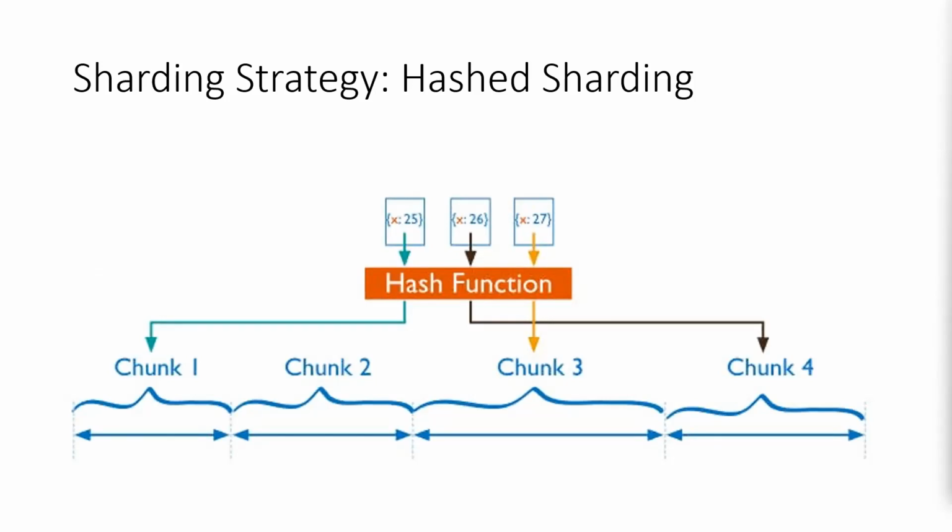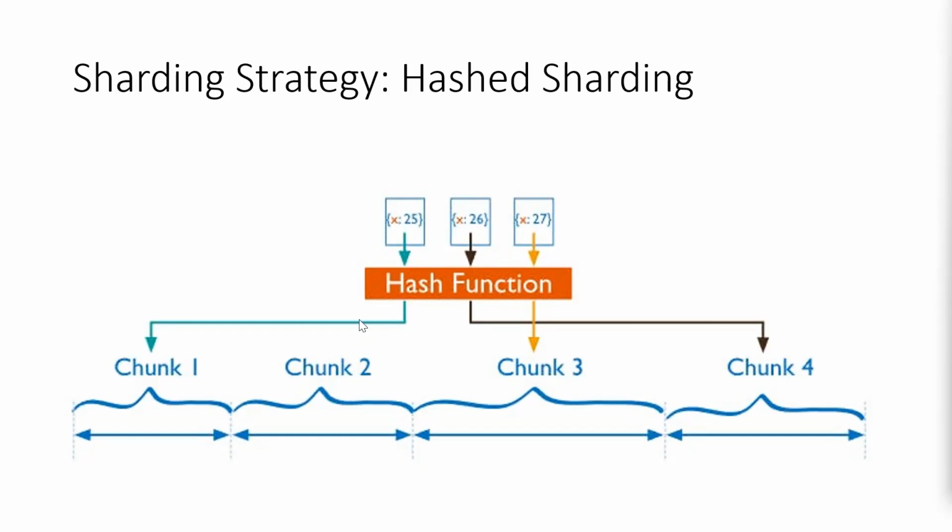You can simply get the mod of the number of shards. So we can take the ID, and then we can simply divide and take the remainder by the number of shards.